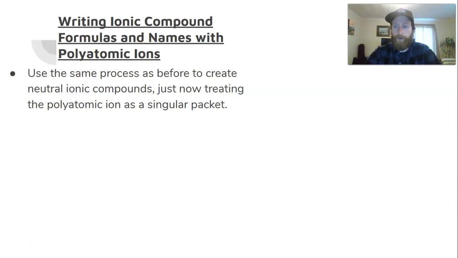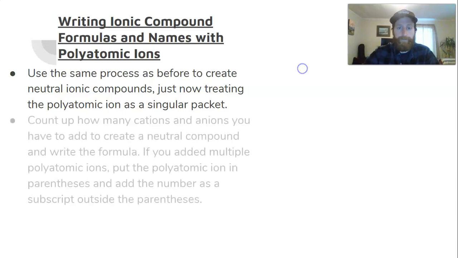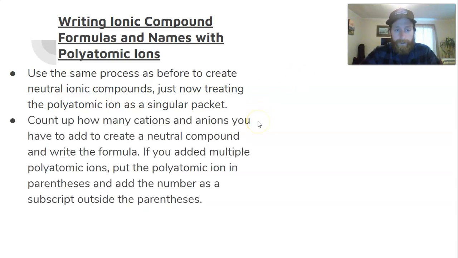Can't stress that enough. Overall, the compound must have its charges balanced. Positives must cancel out negatives. But the key now is to treat the polyatomic ion as a single packet. You can start by adding your cation and your anion with the charge, even if one's a polyatomic ion.